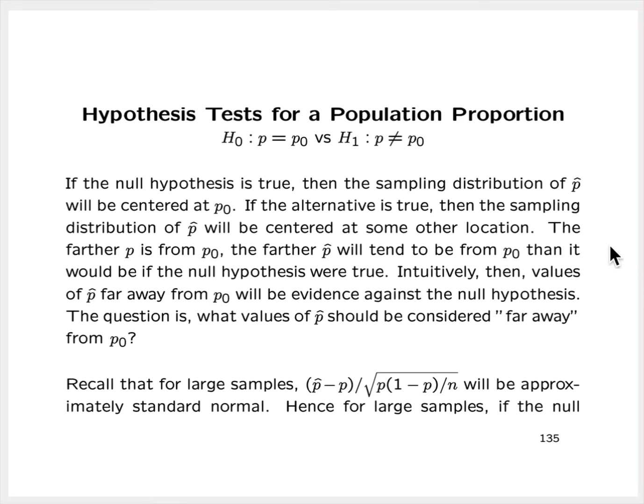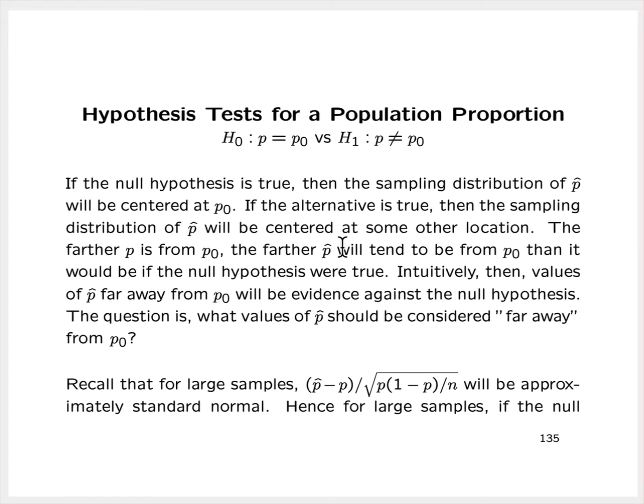So if the null hypothesis is true, then the sampling distribution of p hat will be centered at the hypothesized value p naught. On the other hand, if the alternative hypothesis is true, then the sampling distribution of p hat will be centered somewhere else. It'll be centered at p, wherever p happens to be. p could be close to p naught, or it could be far away from p naught.